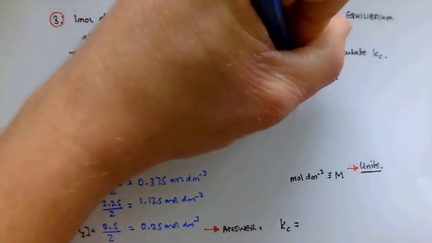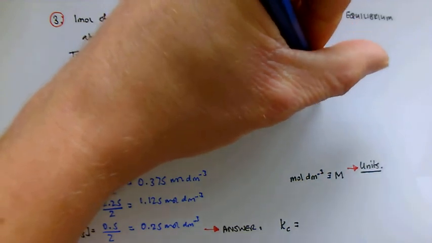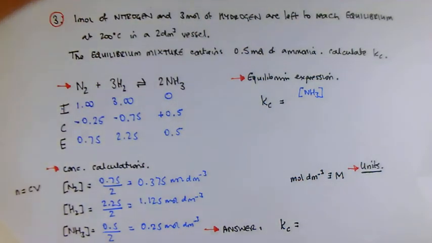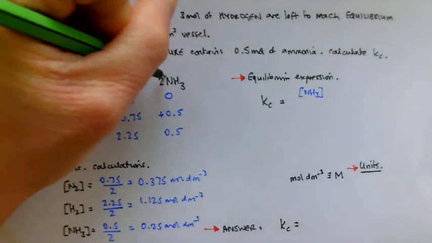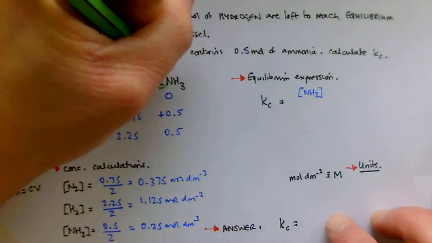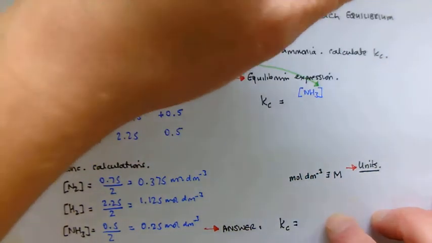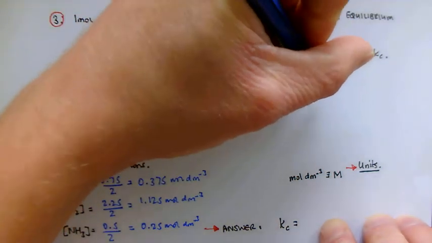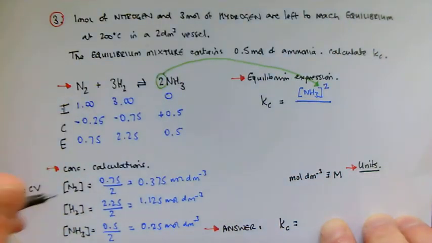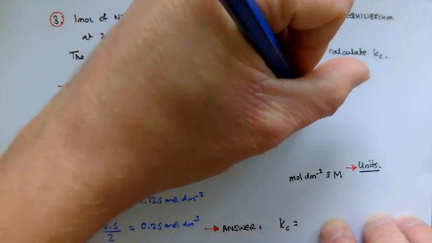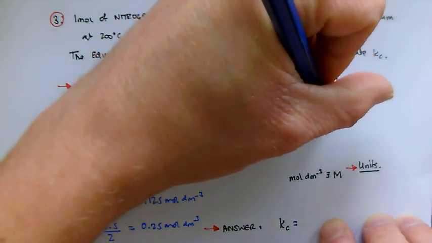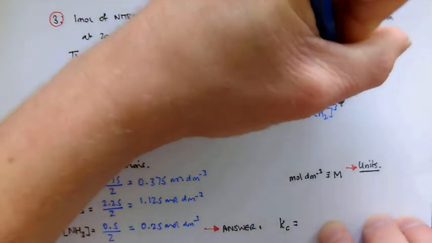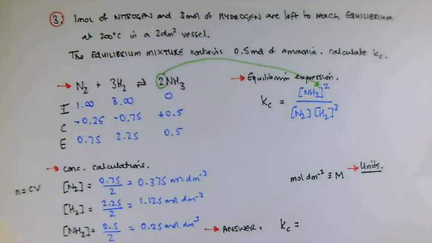So in this case it's the concentration of ammonia, and that's to the power of 2, because it all depends on the ratio in the equation. So that's the power of 2, and that's over the concentration of nitrogen times by the concentration of hydrogen, and that is to the power of 3. So that is your equilibrium expression.